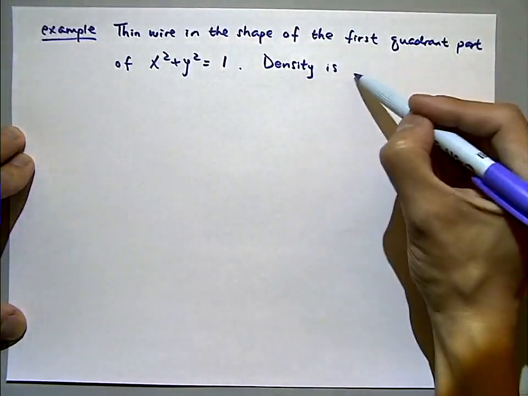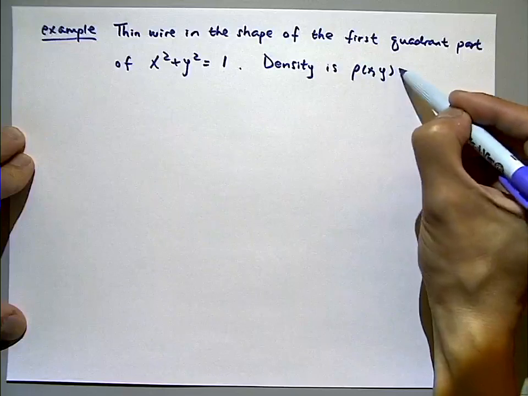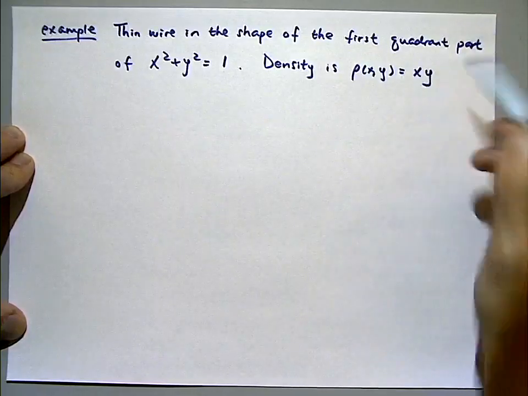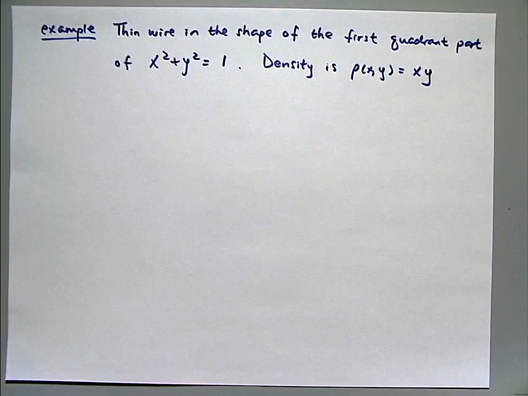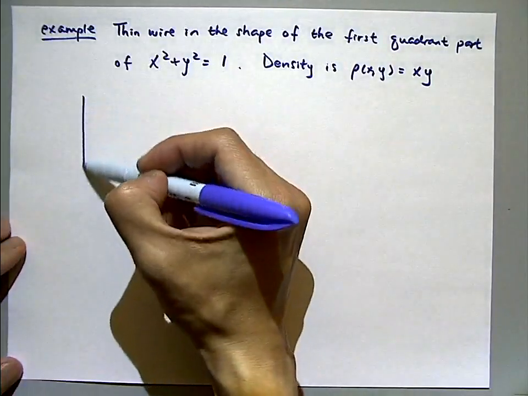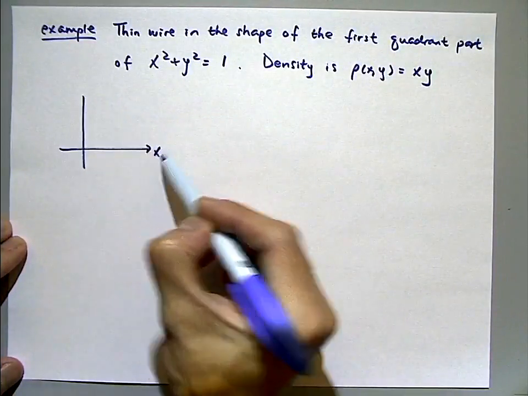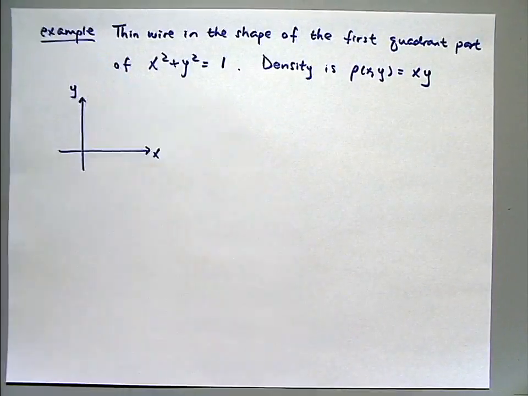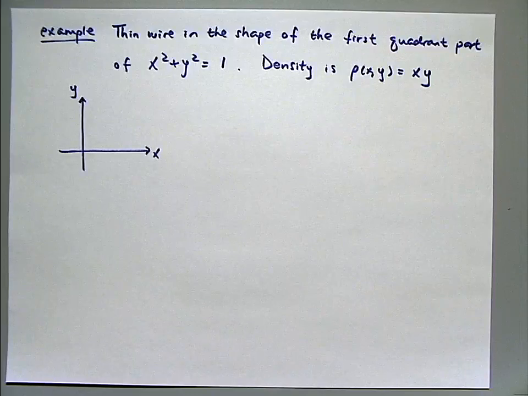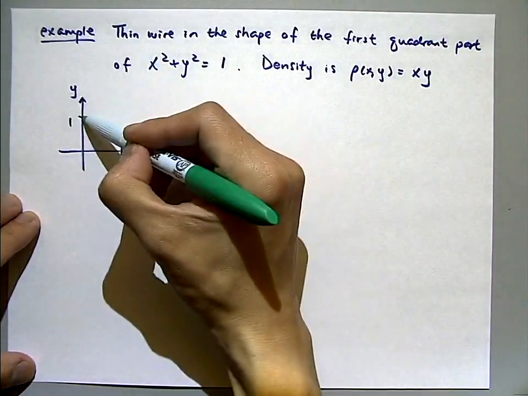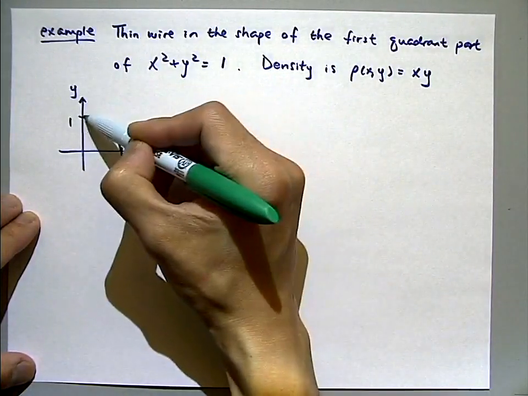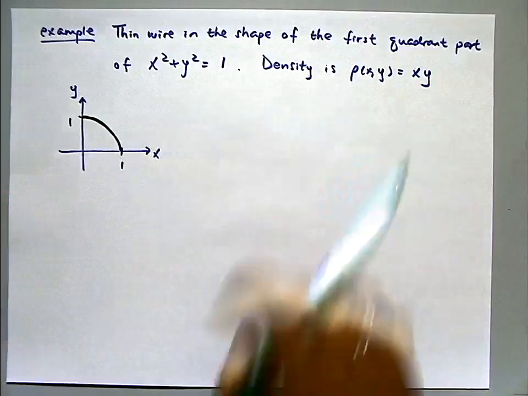And let's imagine our density is rho of x, y equal to x times y. That we know is a circle, right? Radius 1. So we got a wire bent in this shape. A quarter of a circle.